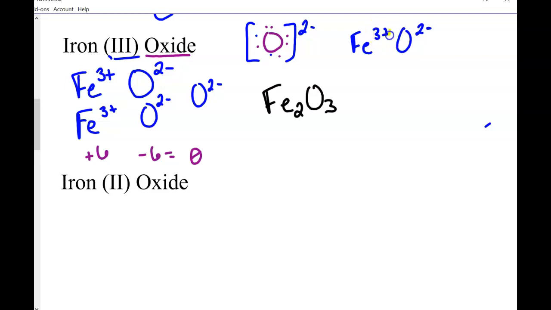So, if you take the absolute value of the charge of the cation, that's going to be the subscript for the anion. And if you take the absolute value of the charge of the anion, that's going to be the subscript for the cation. And the reason that works is because of the lowest common multiple.